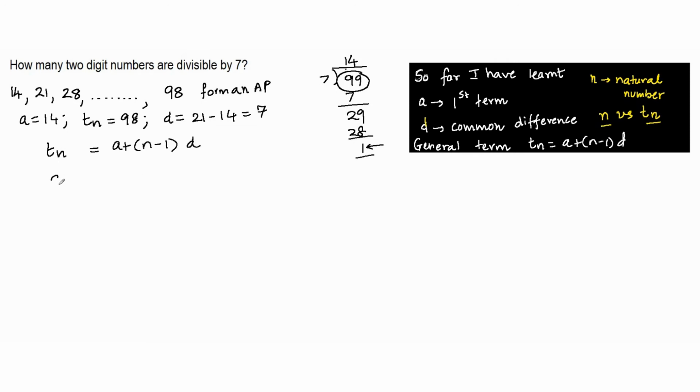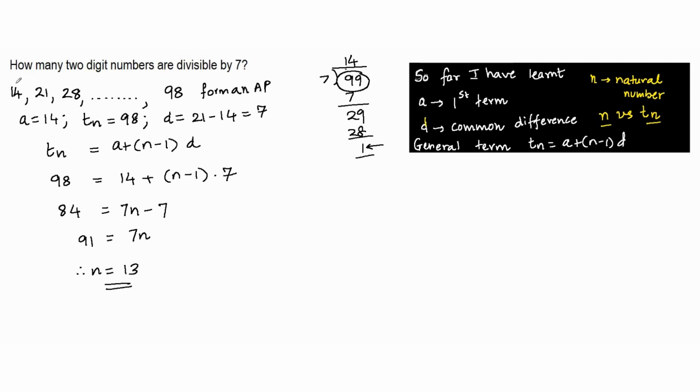And Tn is 98. So 98 is equal to a, that is 14, plus n minus 1 times 7. Now 98 minus 14 is 84. So 84 is 7n minus 7, which means 7n is equal to 91 and therefore the value of n is equal to 13, which means that there are 13 two-digit numbers which are divisible by 7, right?